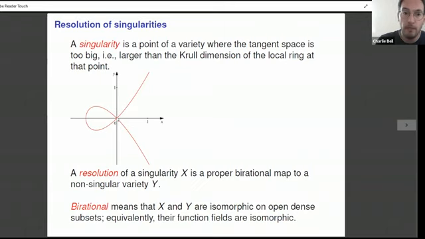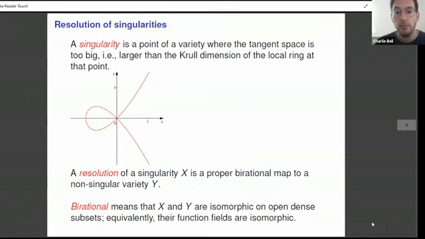But at this point, if you make tangent vectors, it will be 2-dimensional instead of 1-dimensional, because you have a tangent vector going this way and a tangent vector going this way. So its span is 2-dimensional, and it's a singular point.